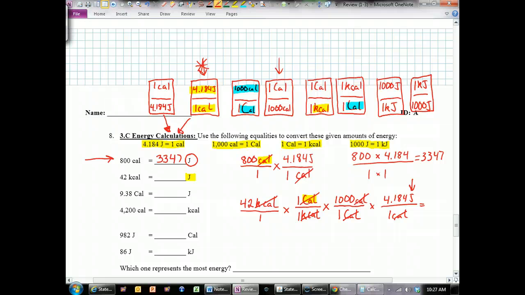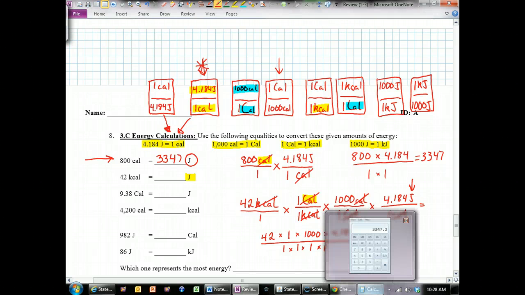To get our answer, we take the numbers on top, which is 42 times 1 times 1,000 times 4.184, and then we divide by the numbers on the bottom. In this case, it's all ones, so 1 times 1 times 1 times 1 is still going to be equal to 1.